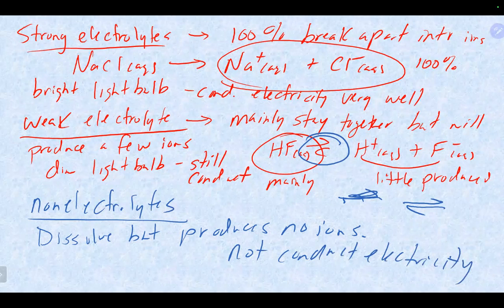So something like sugar, for example, you put sugar in water, it will dissolve, no problem. But sugar is a molecular compound made up basically of carbon, hydrogen, oxygen, sharing electrons. So it doesn't produce any ions. So even though it dissolves, it will not produce any ions. And it's the lack of ions that is why it will not conduct any electricity.